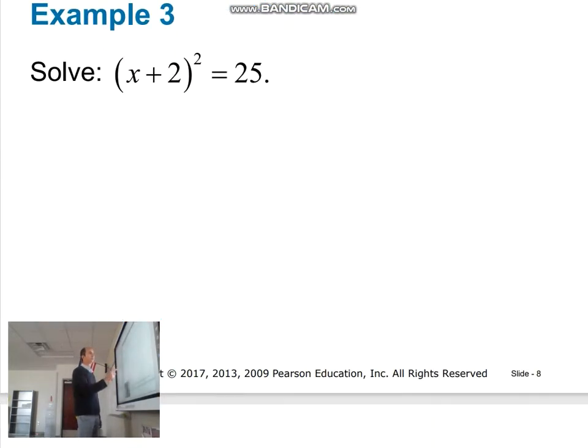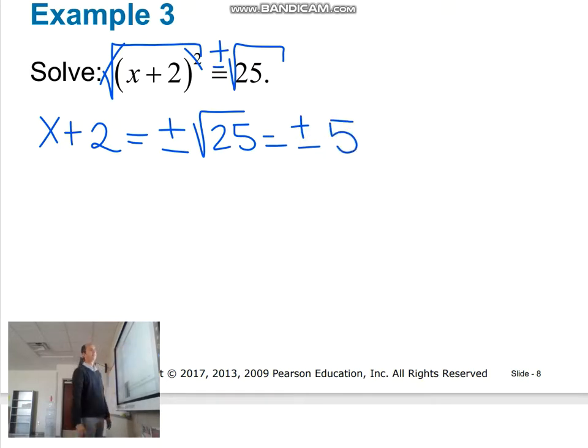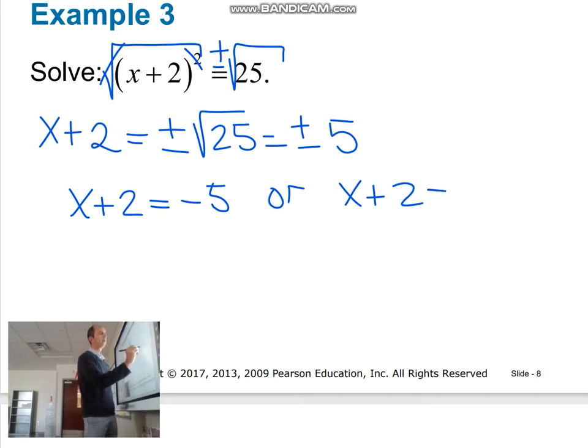Another example, parentheses x plus 2 squared equals 25. Well, same thing. Apply the square root here, but positive or negative square root, right? This is x plus 2 equals positive or negative square root of 25, which is positive or negative 5. And x plus 2 equals negative 5, or x plus 2 equals positive 5.